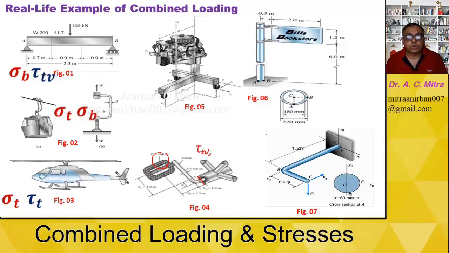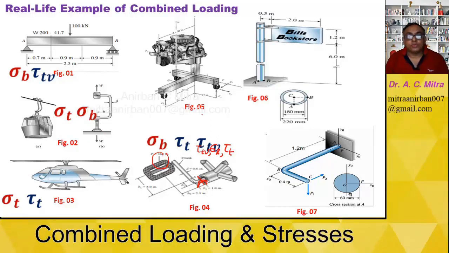It will also bend in this manner due to the load applied here, so there is some sigma B, as well as due to the torque applied on this, some torsional shear stress is also applied. So I think 3 types of stresses are applied. Just check the final answer. Yes, it is sigma B, tau T and tau TV.